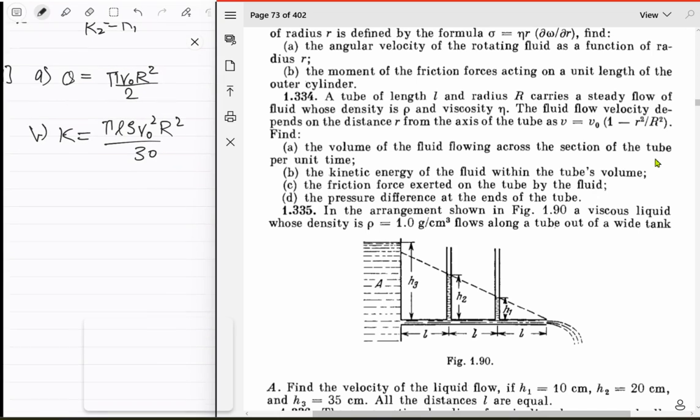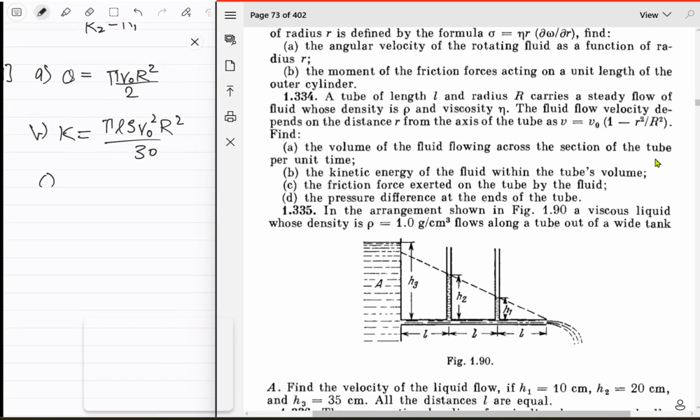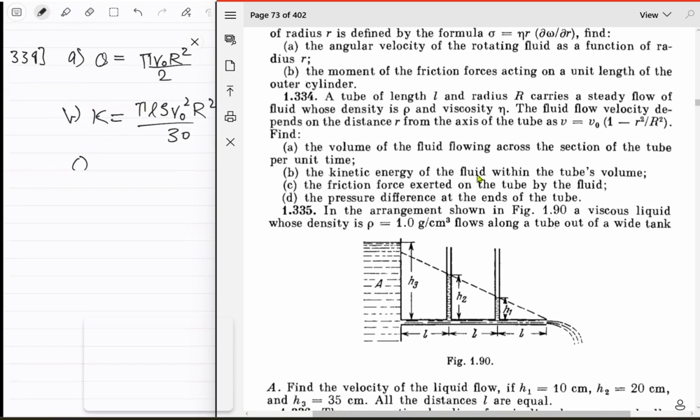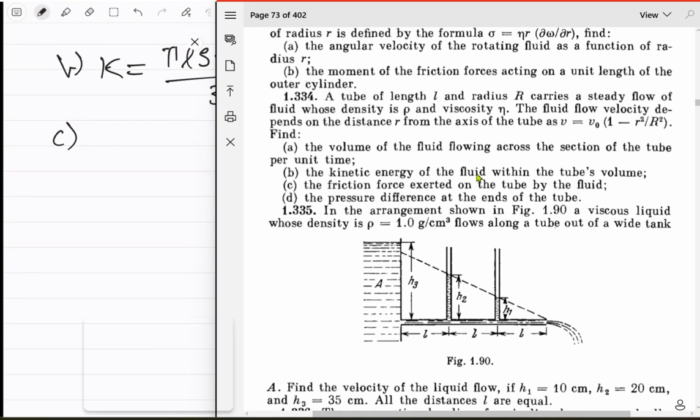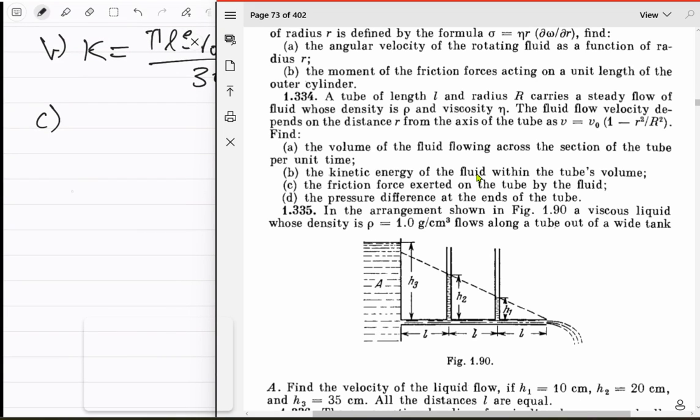Okay, next what we look for is the friction force exerted on the tube by the fluid. Okay, cool. So you got v, what's dv upon dr, right? Okay, wait a second, right, yeah, dv upon dr, that is the pressure gradient, sorry, that's the velocity gradient, right?